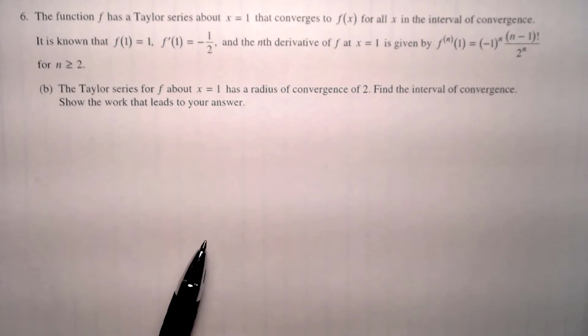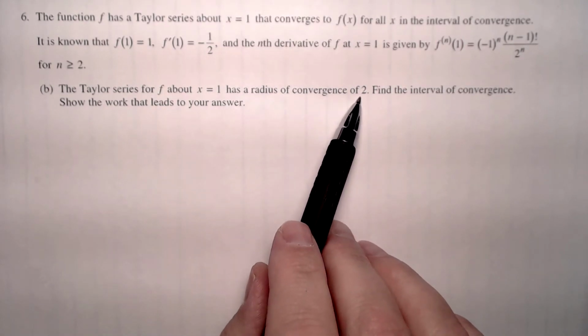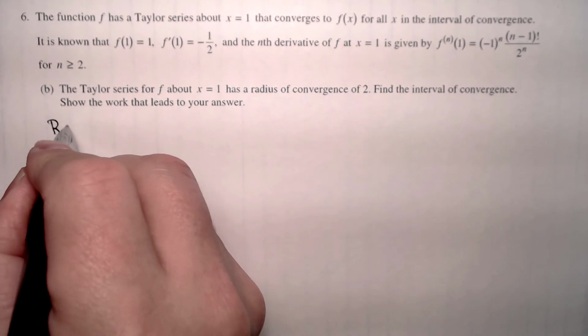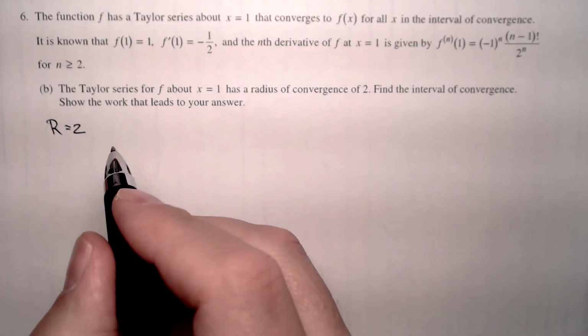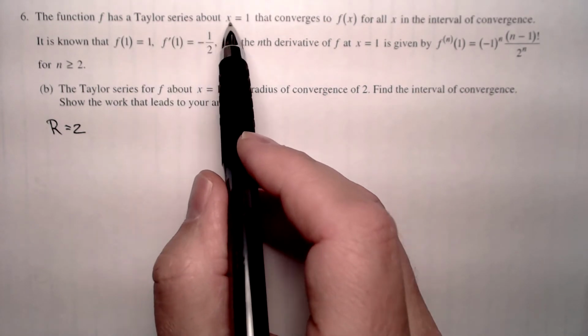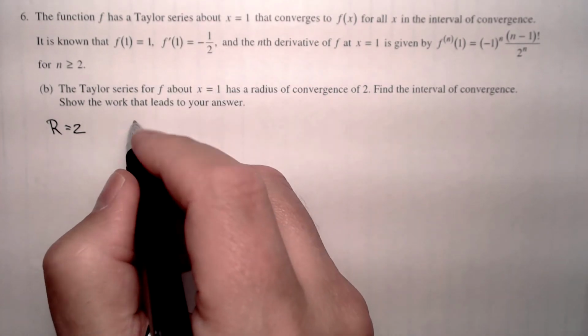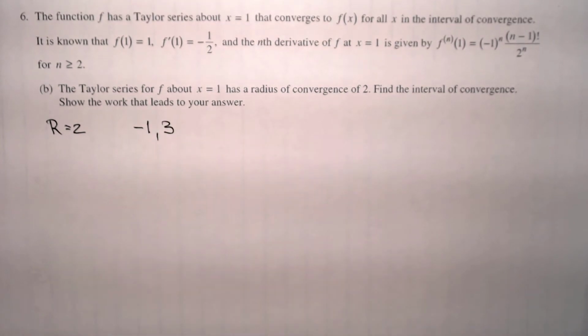In this part of the question, we are given that the radius of convergence is 2. So the radius is 2. And we are being asked to find the interval of convergence. So we basically have to check whether the endpoints, and so we have this Taylor series about 1, the points negative 1 and 3, whether this series converges.